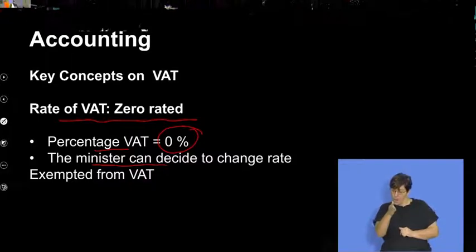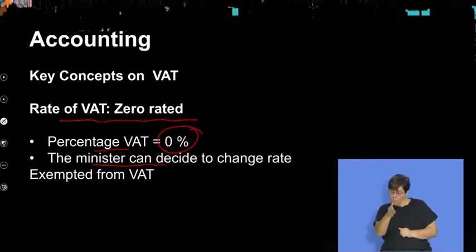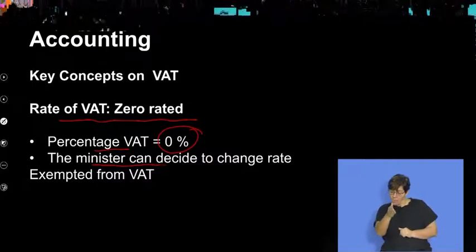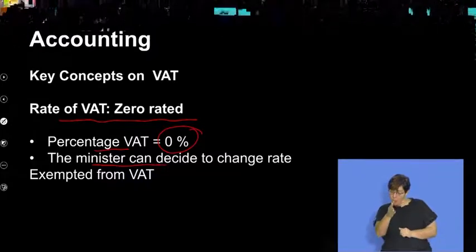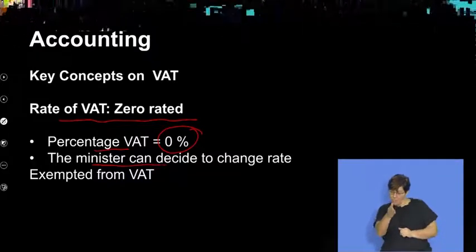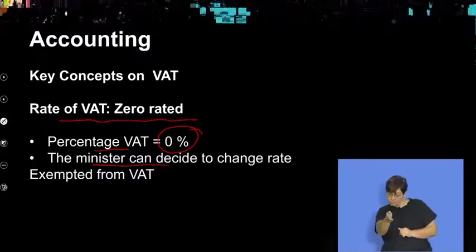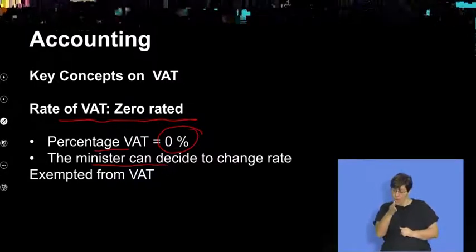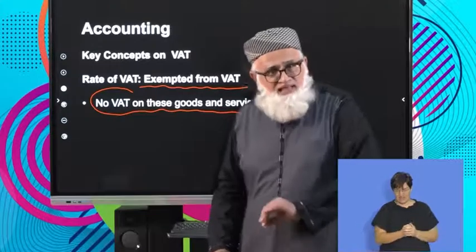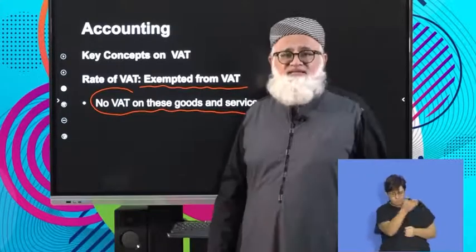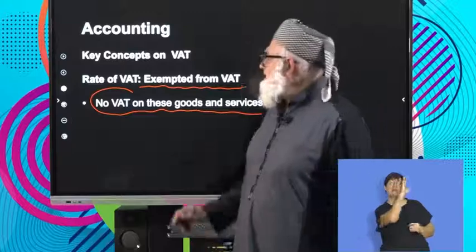And then obviously your VAT exempt items are those items that will never ever have VAT attached to that transaction. Okay? So what we said, exempted from VAT are those items where there is no VAT on these goods and services at any time.